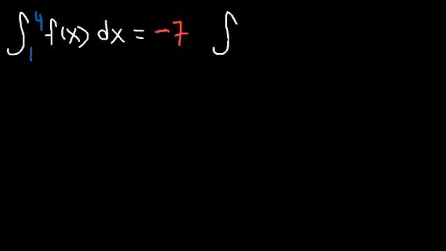So knowing that, let's say the integral from 1 to 4 of f of x dx is equal to -7, and the integral from 1 to 8 of f of x dx is -13.